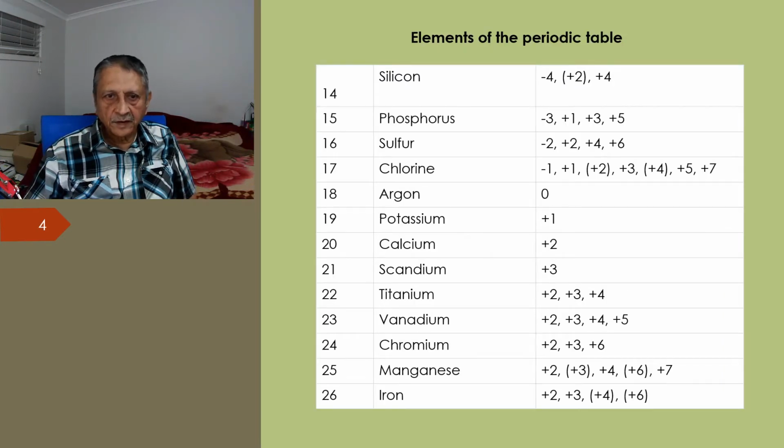The table proceeds further from silicon, phosphorus, sulfur, etc. They all increase in atomic weight. As you go further down the table, you find the atomic weights increase.